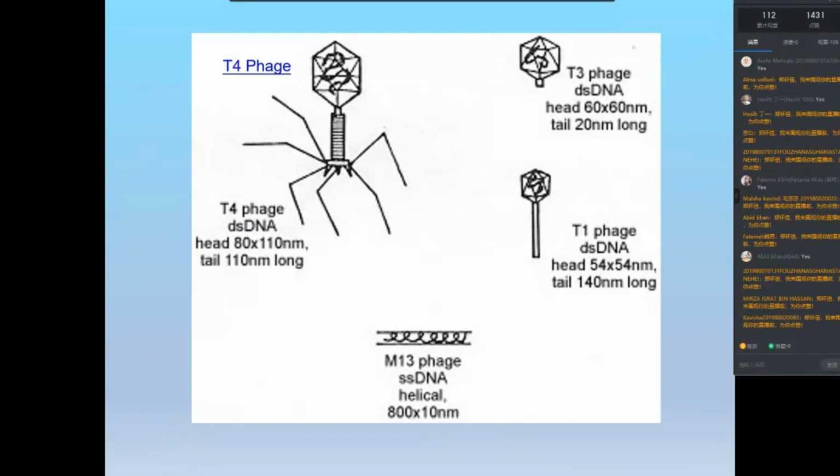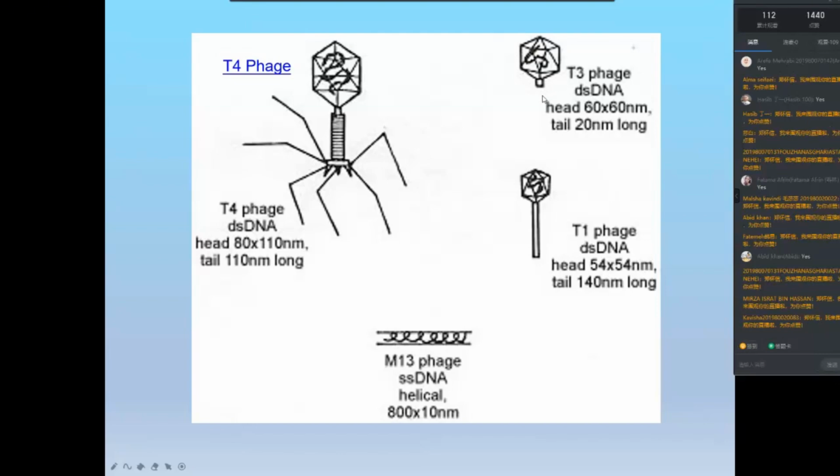As I mentioned, we are more familiar with this T4 phage, because it is pretty. But there are also other types of phages like T3 phage. It's also a double-strand DNA phage, but there is only one head.